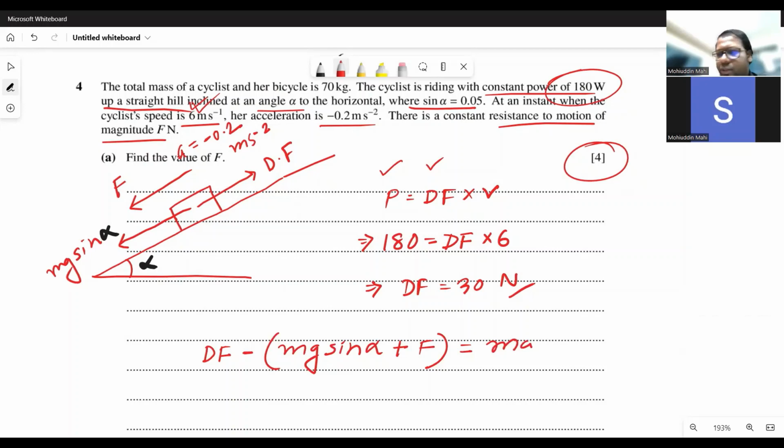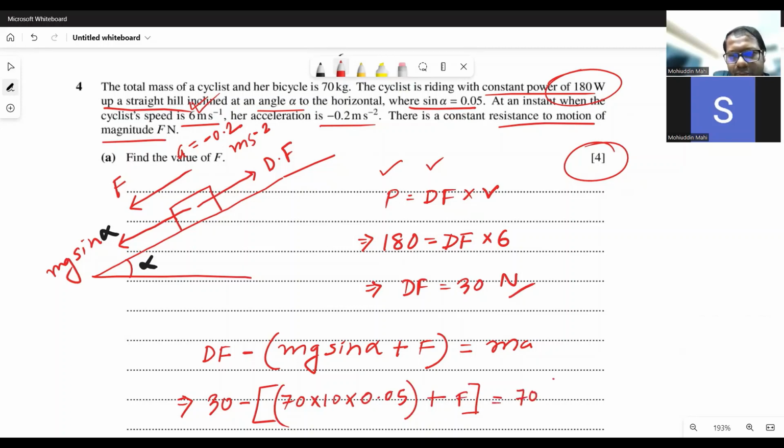Mass into acceleration, Newton's second law. So driving force is 30, mass is 70, the value of sine alpha is 0.05. Mass is 70, acceleration is minus 0.2.